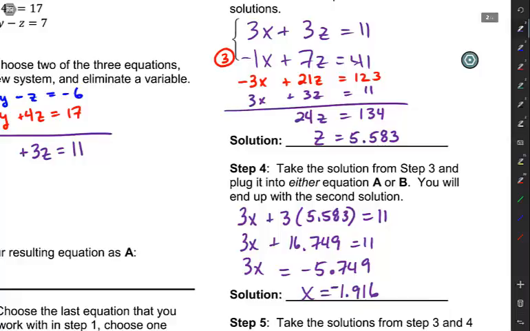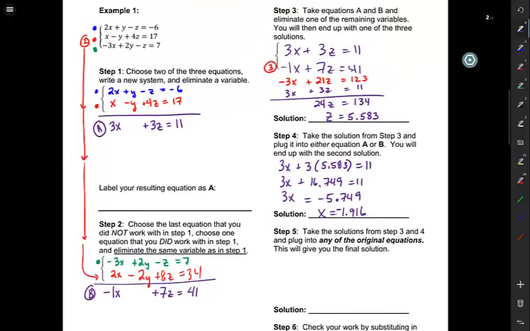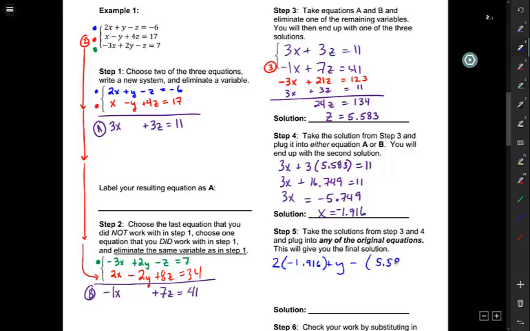So now I need to go back and find what value? I've got z, I've got x, I need what? Y. Which equation is the easiest to get y? Blue. Maybe. Okay, so 2x. So 2 times negative 1.916 plus y minus 5.583 equals negative 6.